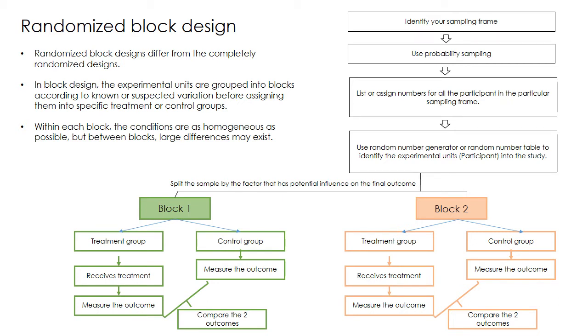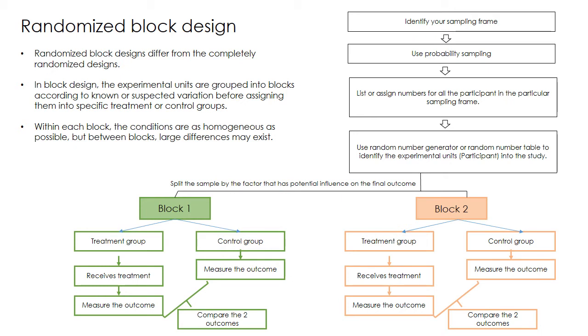So what makes it complex? It uses the concept of blocks. The experimental units or participants are grouped into blocks based on variables that could also contribute to the outcome.